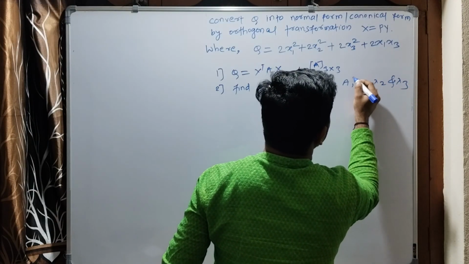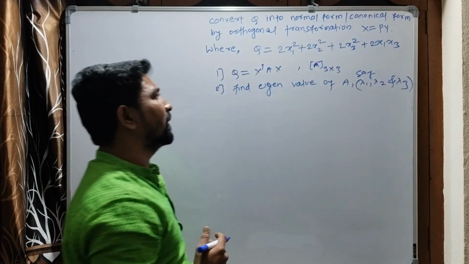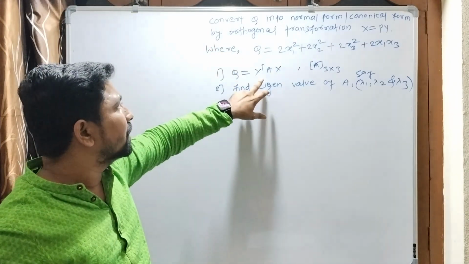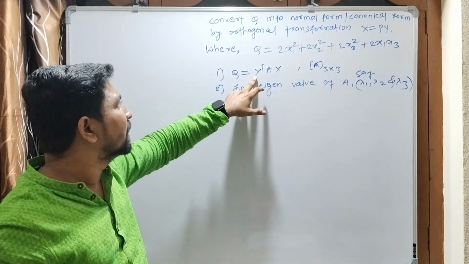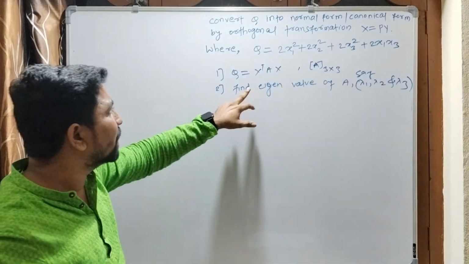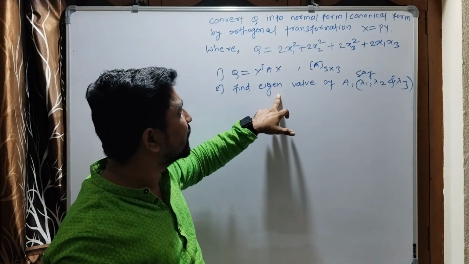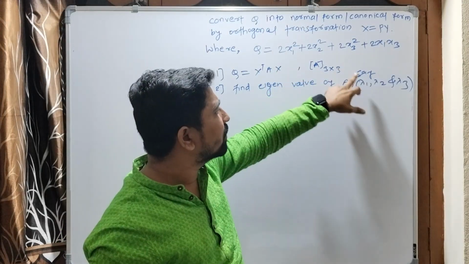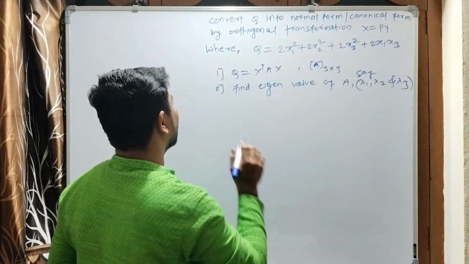So first convert the given quadratic form into the matrix notation x transpose Ax. After that find the eigenvalues of this matrix A. Let's say A is a matrix of order 3 cross 3, so corresponding to that matrix, lambda 1, lambda 2, lambda 3 are the eigenvalues of this matrix A.